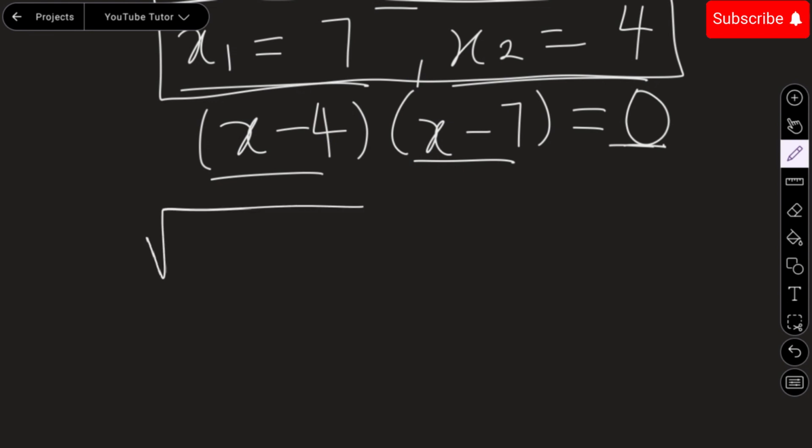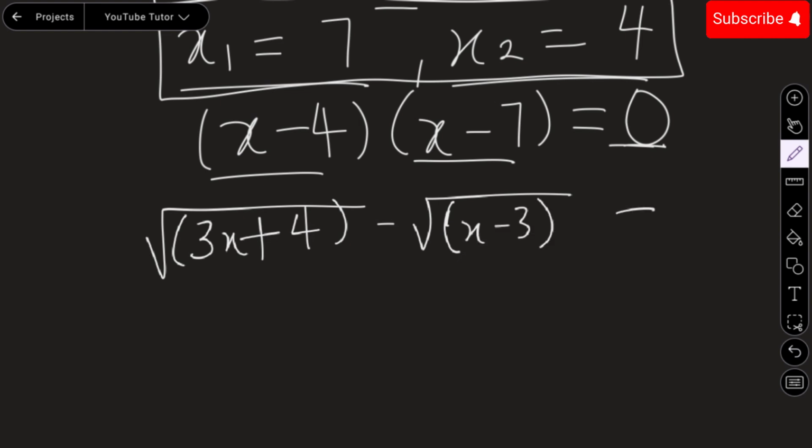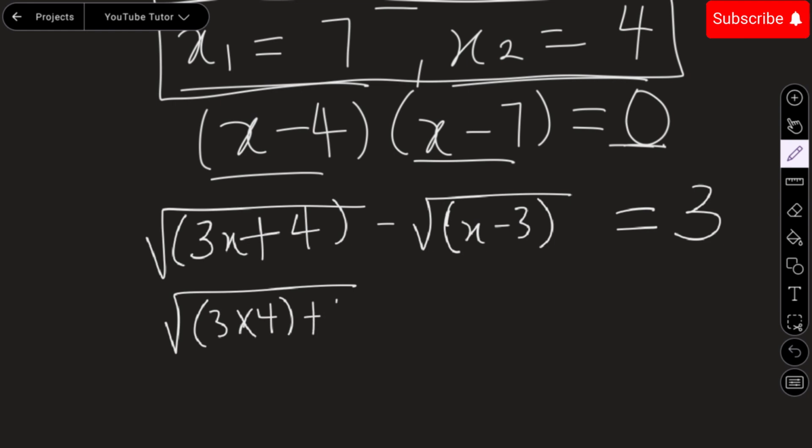So we have square root of 3x plus 4 minus root of x minus 3 should be equal to 3. You can just do it this way, 3 times 4 plus 4 minus square root of 4 minus 3.